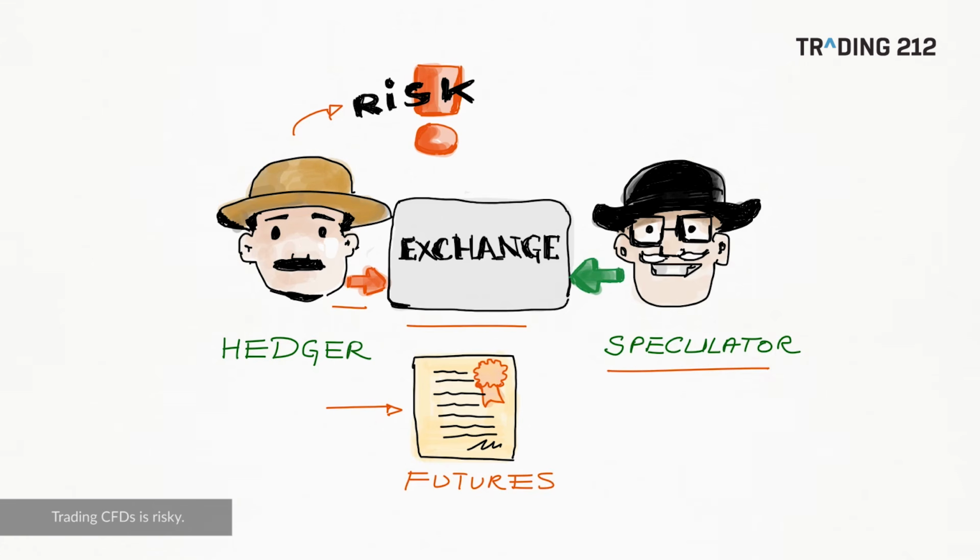So the exchange facilitates the coming together of hedgers and speculators. So our farmer doesn't have to seek out his buyer. He also doesn't have to worry about settlement of money because the exchange pays him for the corn that he sells and takes on responsibility of ensuring the speculator pays.